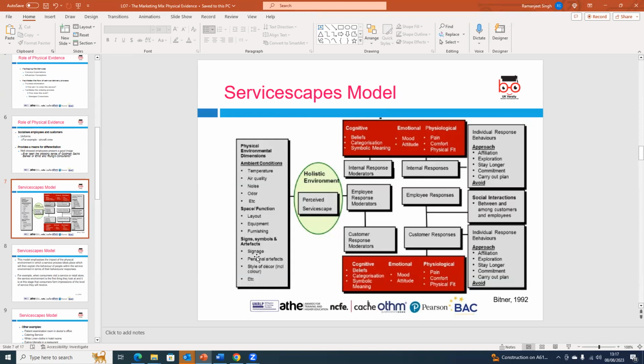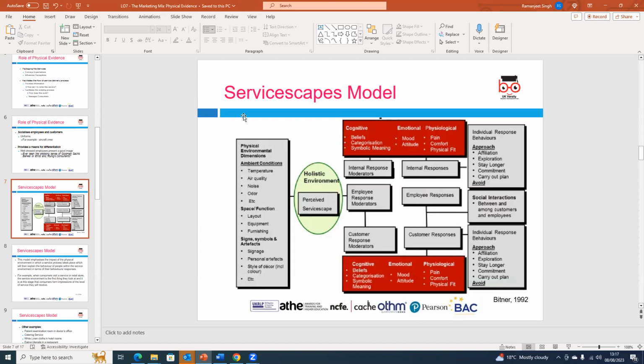Where's the building? What room is where? Signage: where's the managing director's room? What number? If you see these signs and this decor, then this is all included in the physical environment. The servicescapes model says that the physical environment is important as well as the behavior element.